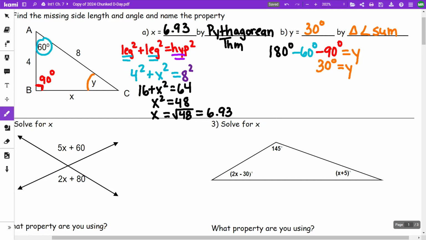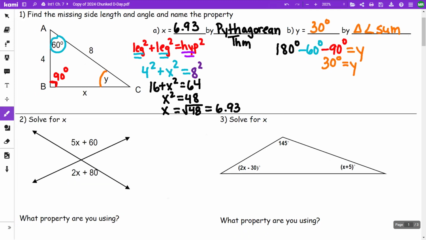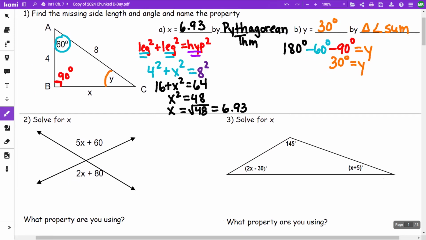On number 2, it's asking us to solve for x. We have 2 lines intersecting, which means this angle here and this angle here, which are called vertical angles, are congruent. So we're going to take 5x plus 60, set it equal to 2x plus 80, and solve.